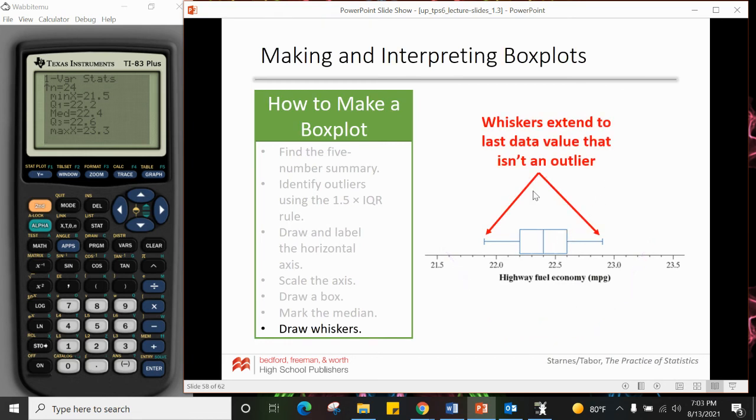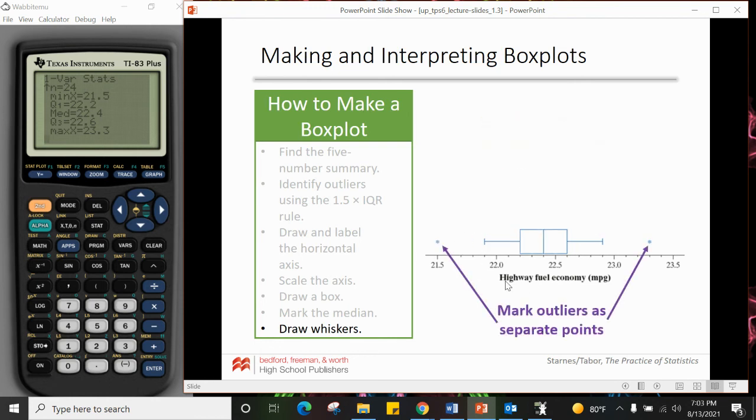The whiskers extend to the last value that is not an outlier. So here you can see we have a data point over here. It doesn't quite go to the min because there are outliers, and they get marked as asterisks. These asterisks are our min and our max, and this would be the last data point that's not an outlier.